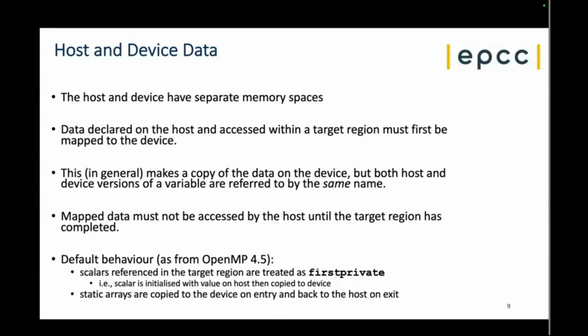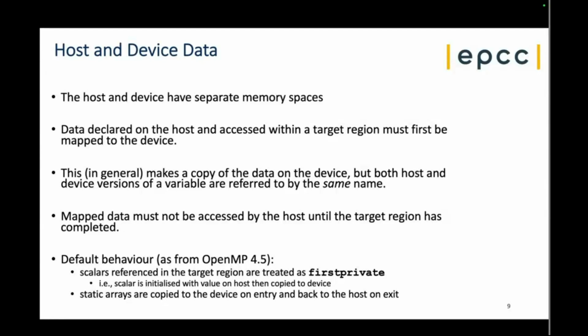And the data that you have on the host is not necessarily visible on the devices. So whatever data you have on the host that you have declared needs somehow to be mapped or transferred to the device.